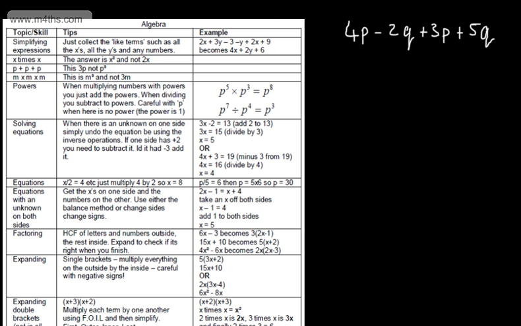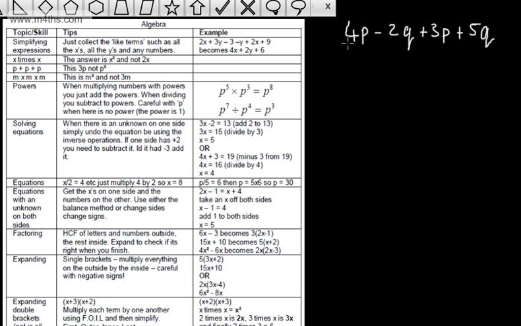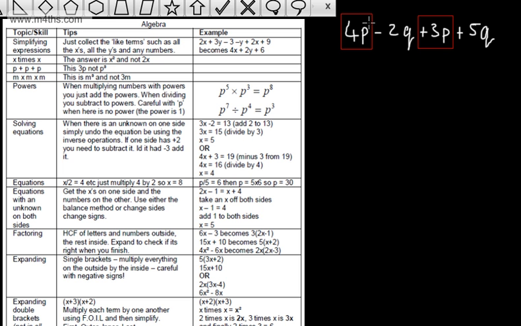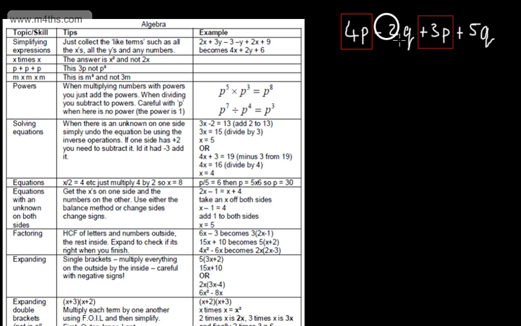The way I like to do this, if you're unsure, is just to go ahead and put boxes around them. I've got positive 4p and positive 3p. If I then put circles around the terms in q, I can see that I've got minus 2q plus 5q.